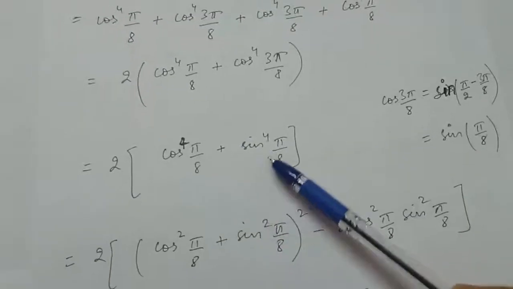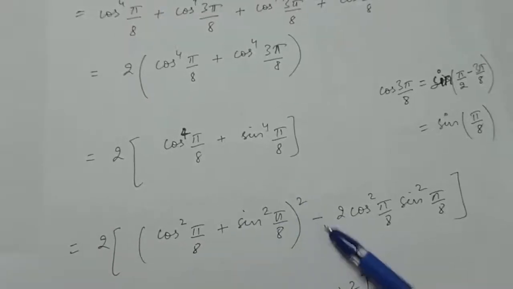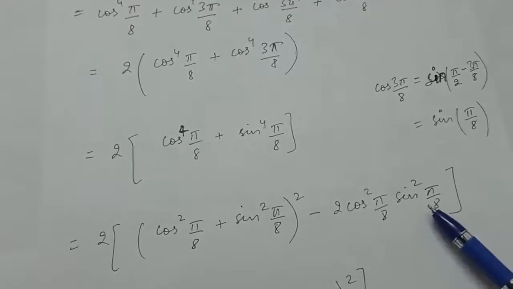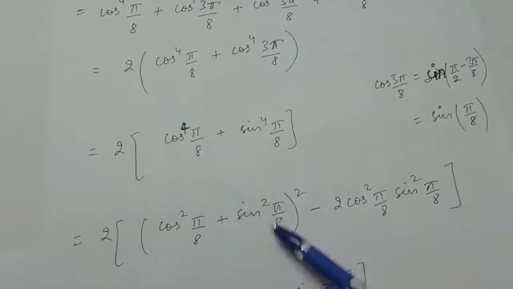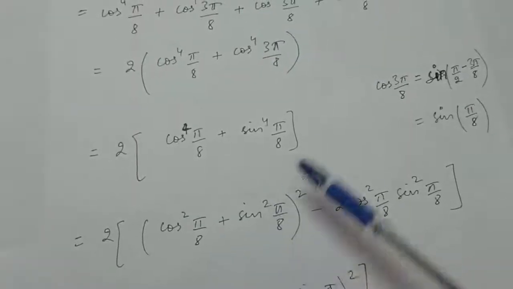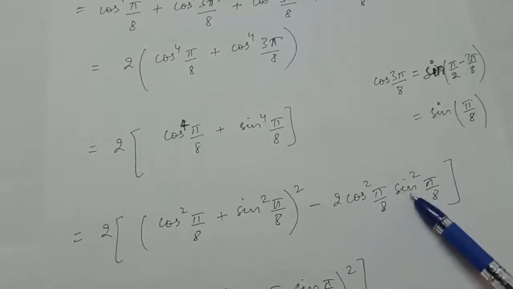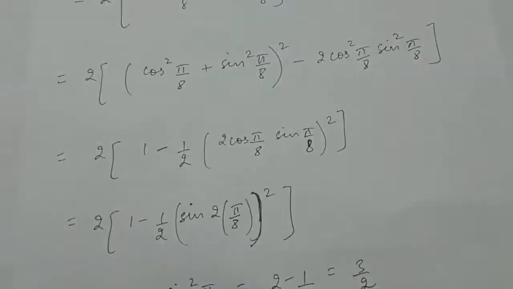Now see, this can be written as cos square pi by 8 plus sin square pi by 8 whole square minus 2 into cos square pi by 8 into sin square pi by 8, right? Because this is a square plus b square plus 2 into ab, which is not there. Therefore subtracting minus 2 into a into b, which is this, right? Now we know cos square x plus sin square x is 1.